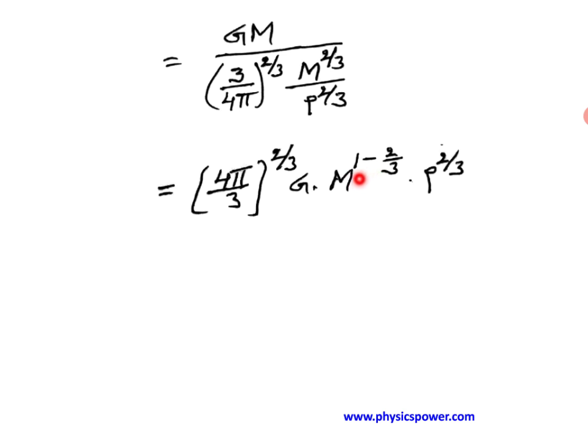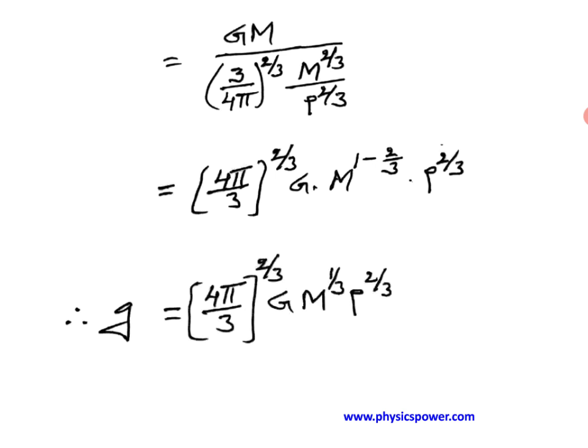So that is m power 1 minus 2 by 3. And here it is 4 pi in the denominator, if you shift to the numerator, it will be 4 pi by 3. So (4 pi by 3) whole power 2 by 3 as usual, and capital G as usual, then m power 1 minus 2 by 3.